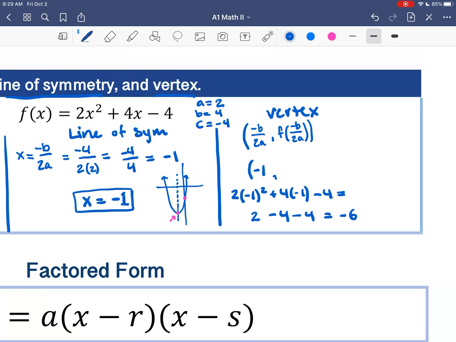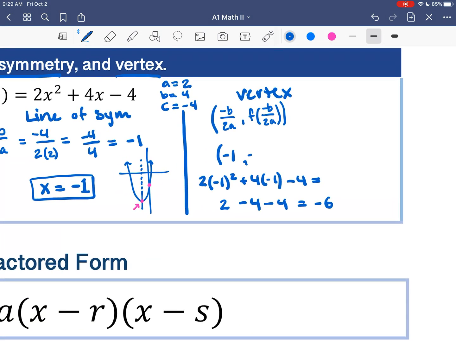Yep, I was just double checking. Okay, so -6 is the output.